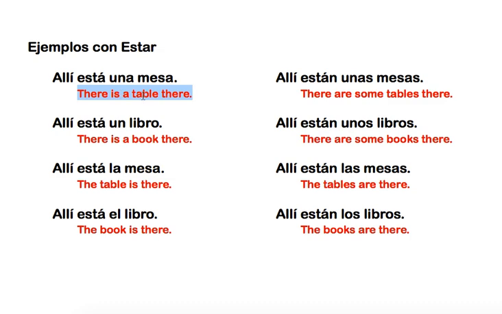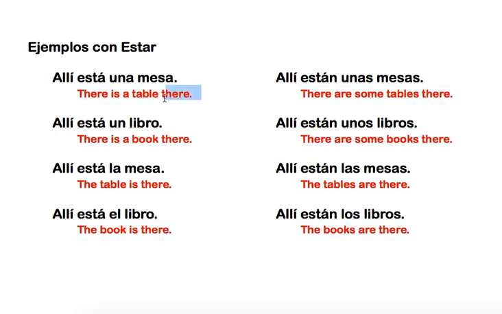If I say there is a table, that could mean there is a table there, right? That could also mean there is a table here, or it could just mean there is a table somewhere in the universe. In the universe, there exists a table. I wanted to make sure that I kept the meaning 100%. So this translation really means that there is a table there. And that I felt was the best way to say it.